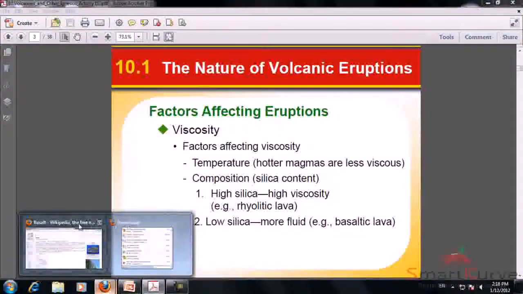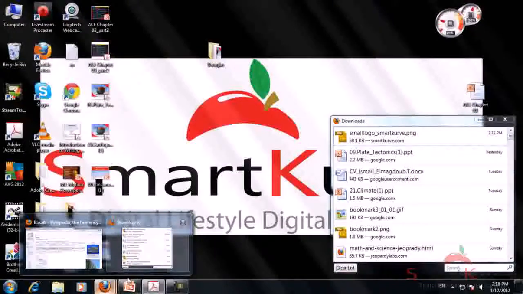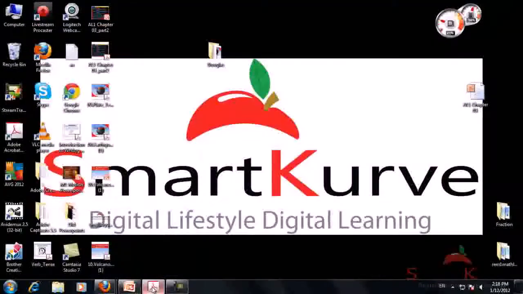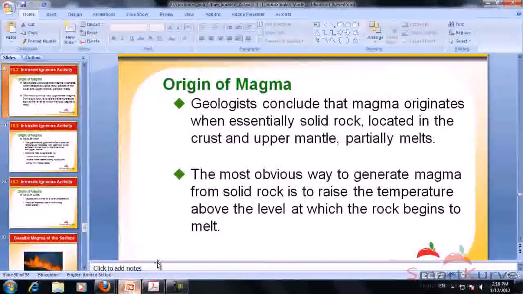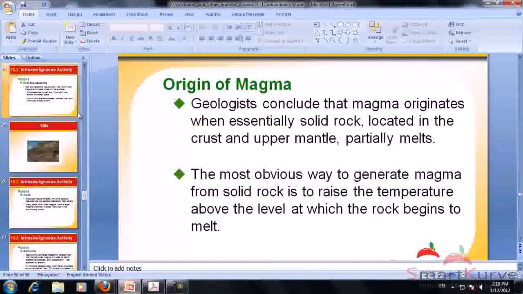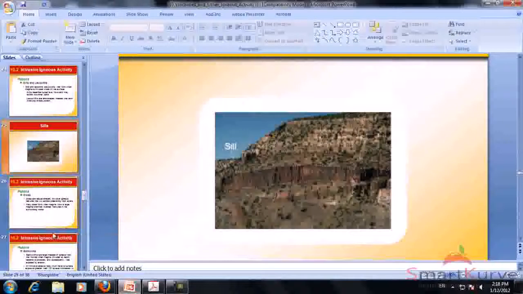One type of rock that forms this a lot is basalt. Basalt very often forms sills like this.